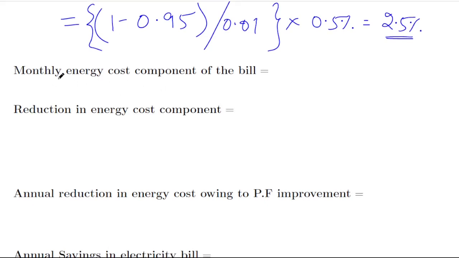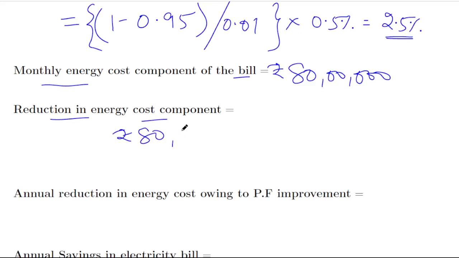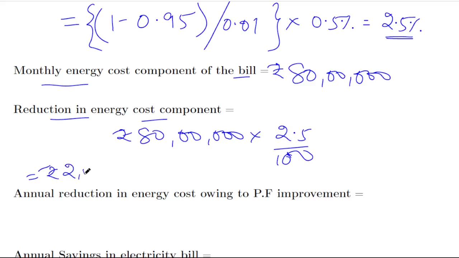It's given in the question that the monthly energy cost component of the bill is rupees 80 lakhs. So the reduction in the energy cost component is nothing but rupees 80 lakhs multiplied by 2.5 percentage, which is equal to rupees 2 lakhs per month.